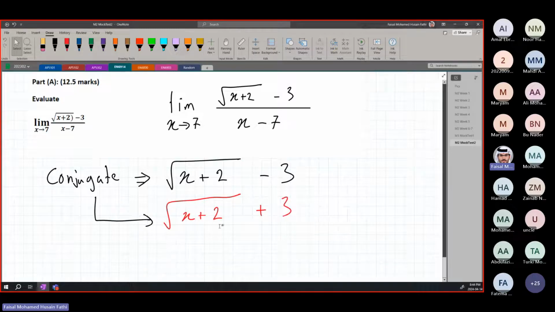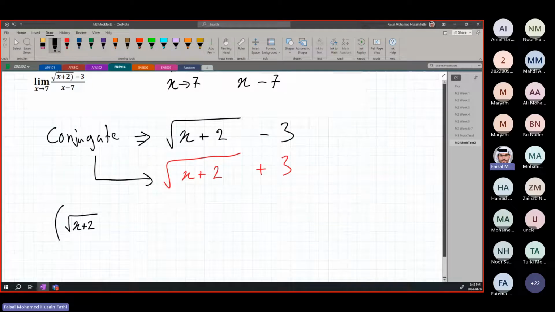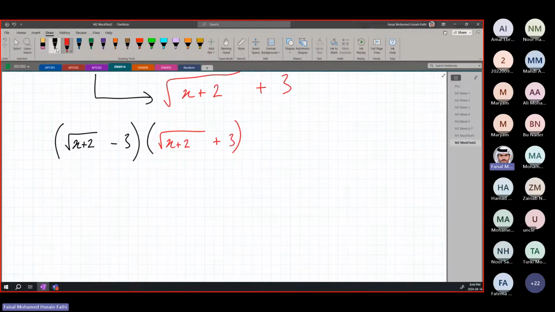The reason we do this conjugate, I will explain now, so that we can multiply these. If we multiply the square root of x plus 2 minus 3 and the square root of x plus 2 plus 3, this multiplication is in the form of a minus b times a plus b.